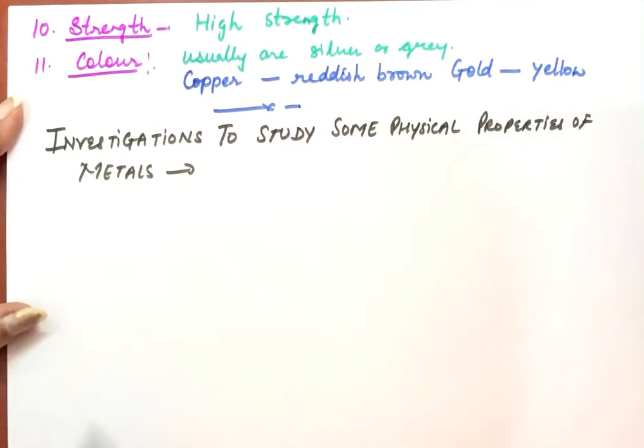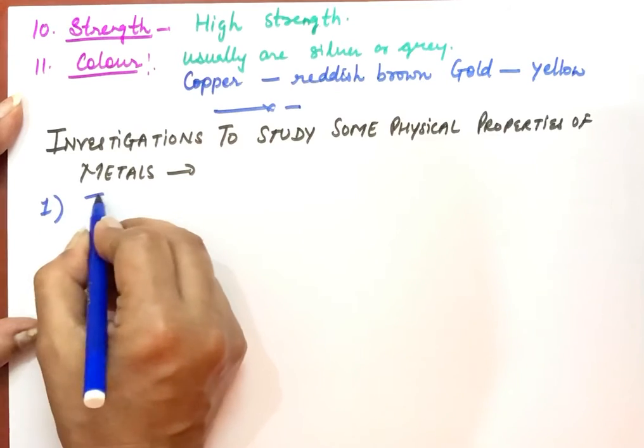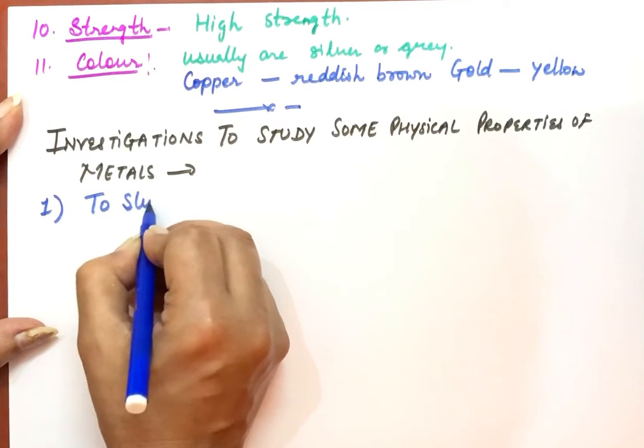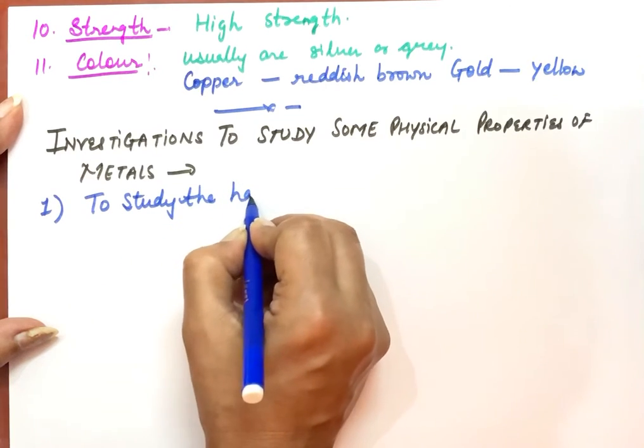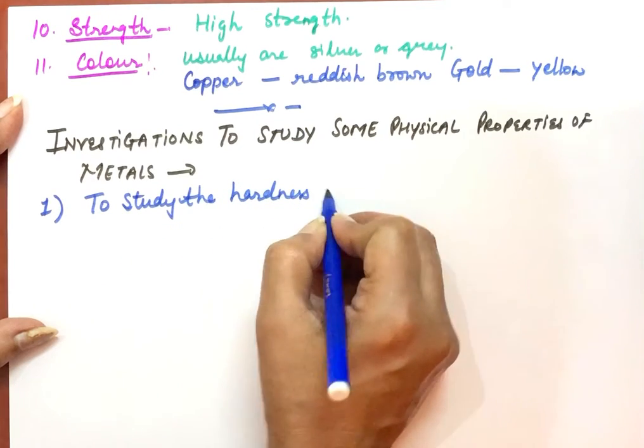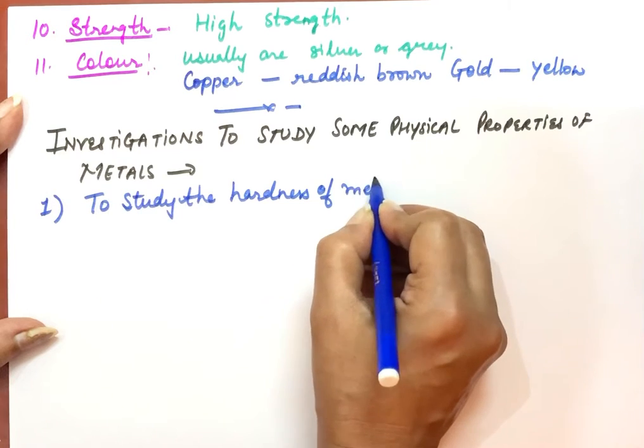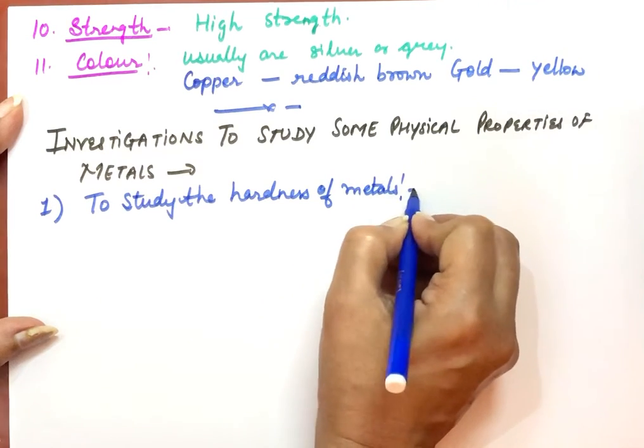The first one we are taking is to study the hardness of metals. We all know metals are very hard, but how will we study that metals are very hard?